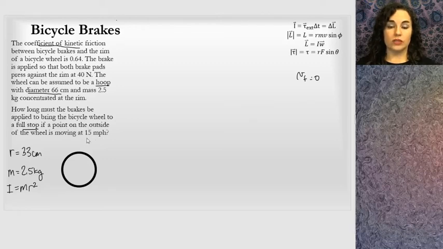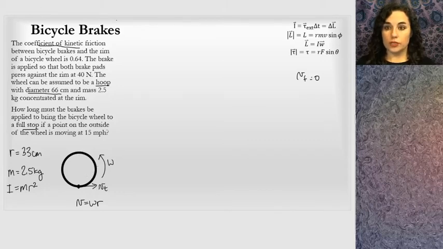There's some sort of initial speed, and I'm going to make note that it's rotating maybe in this direction to begin with. And so some point on the side of the wheel will have a tangential velocity, which they tell us is 15 miles per hour. Through the relationship between the linear quantity and the angular quantity, I can write down V equals omega r.